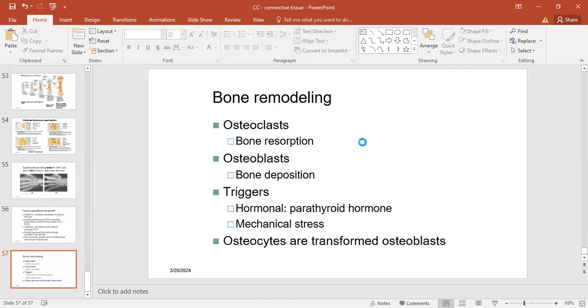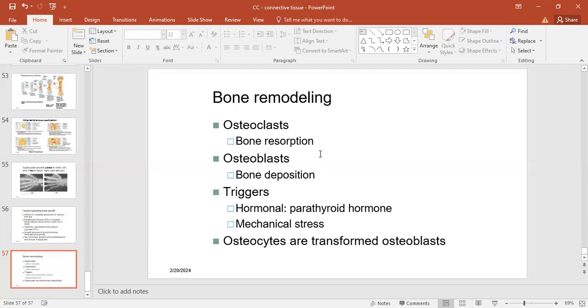Okay, so like I was saying, this is just a summary slide. We have bone remodeling. This is carried out by the osteoclasts, which will resorb the extra bone, and the osteoblasts, which will deposit bone tissue. And this remodeling, by the way, can be at any time.